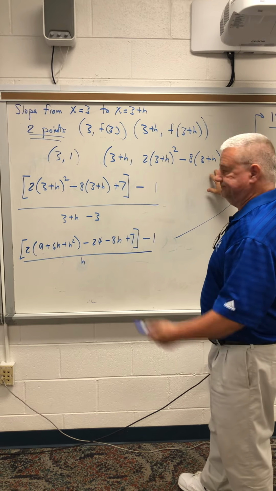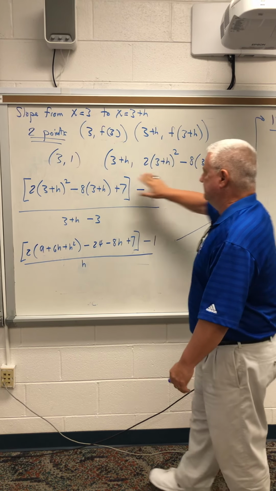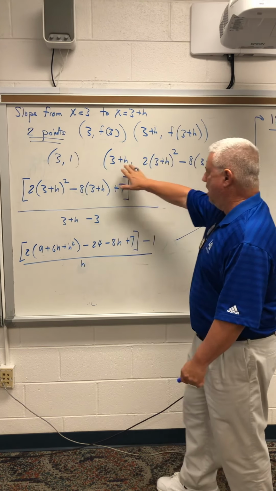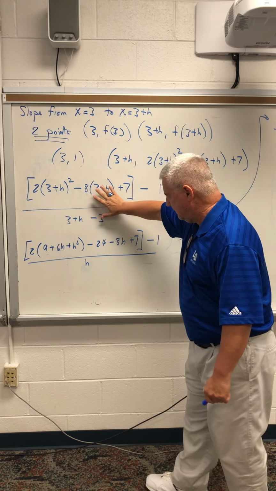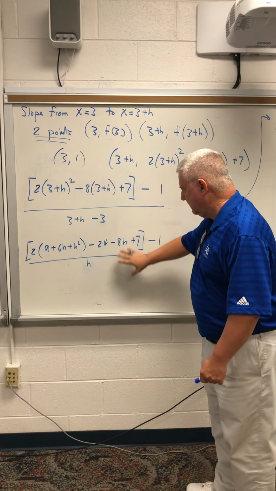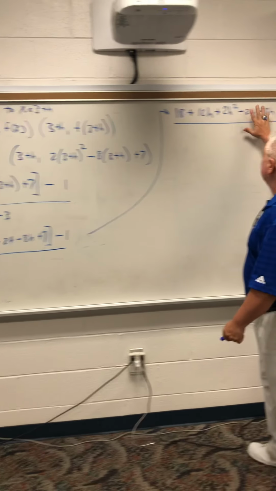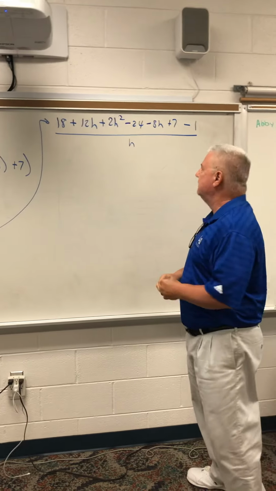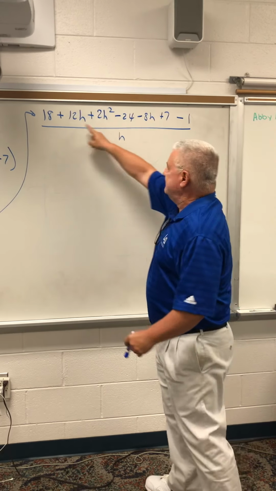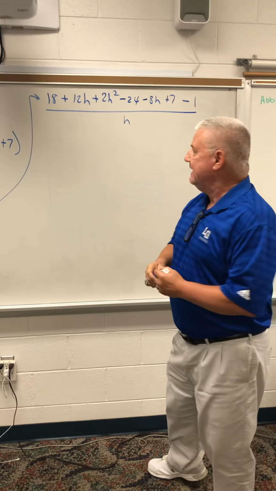The slope, like always, is rise, change in y's, over run, change in x's. So right here, we did a little bit of algebra, simplified it to this, a little bit more algebra, got to here. Now let's see what we can do here. Got a bunch of things added and subtracted, so let's combine like terms.